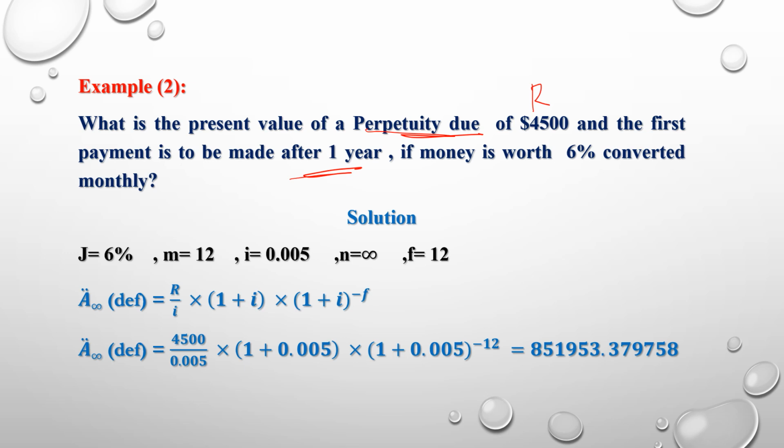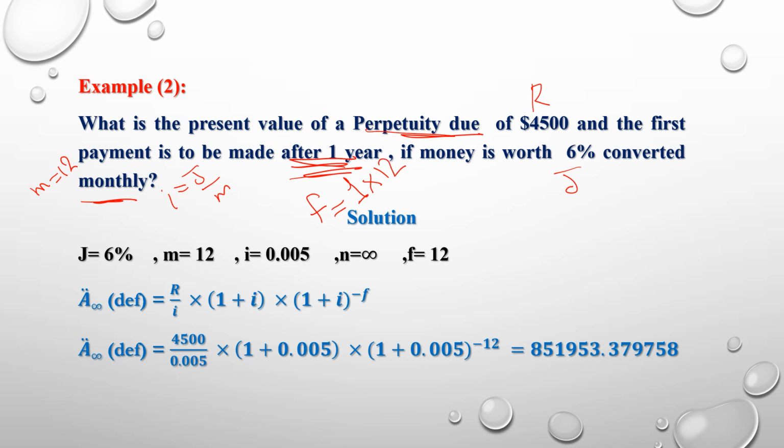And if money is worth 6% converted monthly, so this is J, and as it's converted monthly, M equals 12 and I equals J over M. F here, the number of deferment periods, means 1 year times 12 as it's converted monthly. So F equals 12.